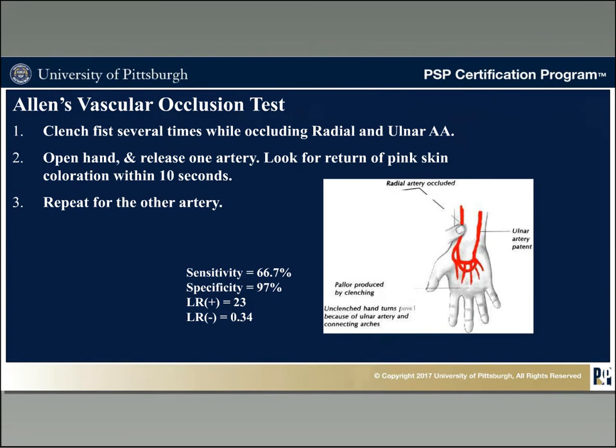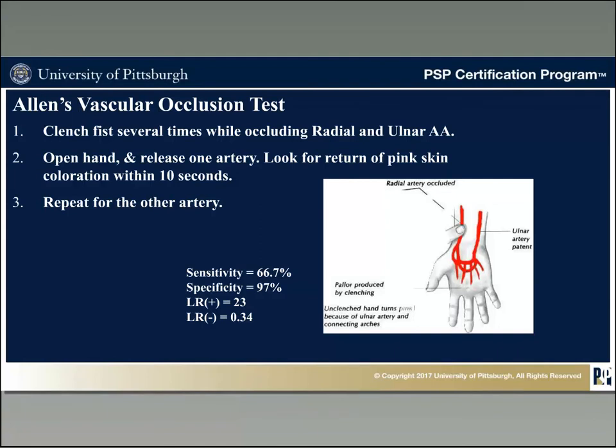Allen's vascular occlusion test is sometimes helpful in this particular instance, where when we occlude the arteries and look for the refill or the return of flow, what we'll see is a delayed response, or a persistent whitening maybe of the hands and fingers, even once the artery and the flow has been restored.